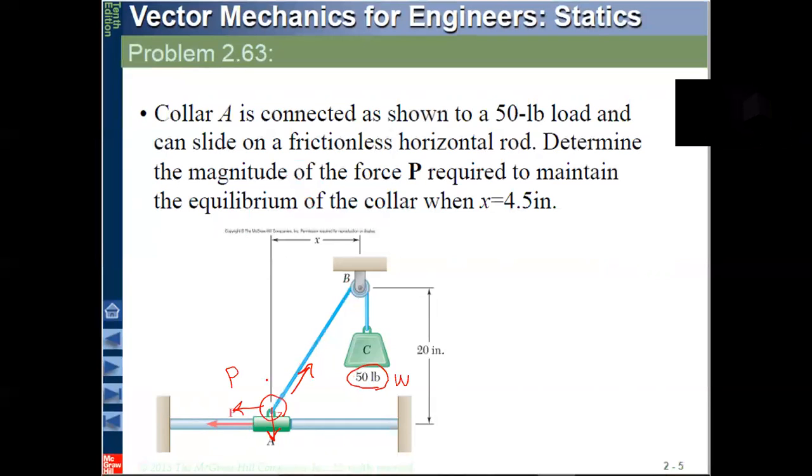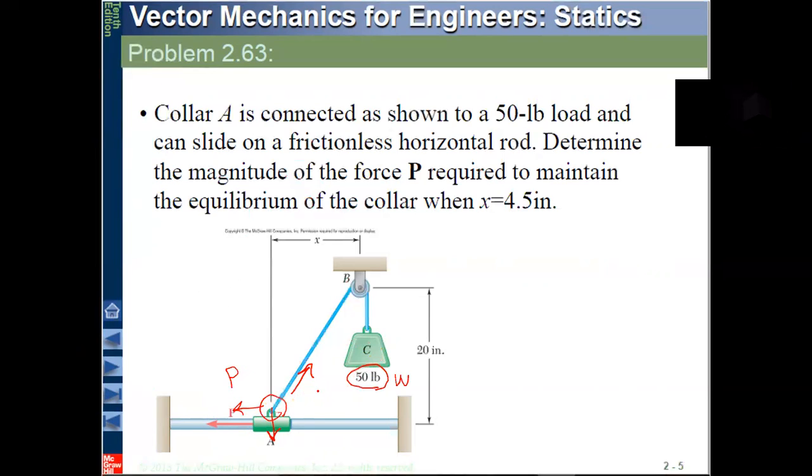And so what you have here is a tension in a cable, and you're imposing a force P to hold this cable, or it's better to say hold this weight.